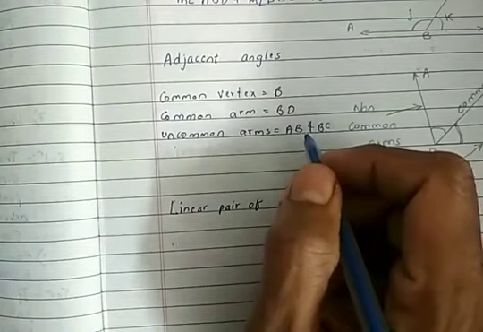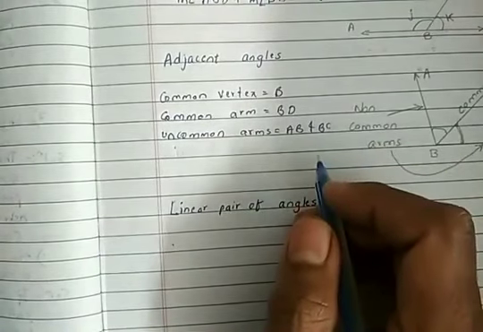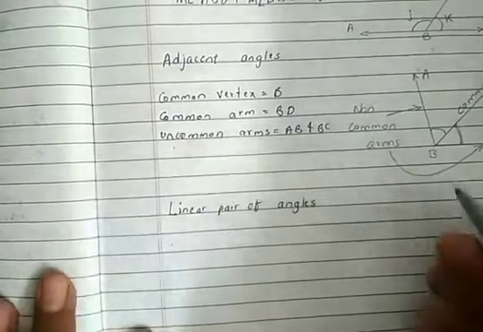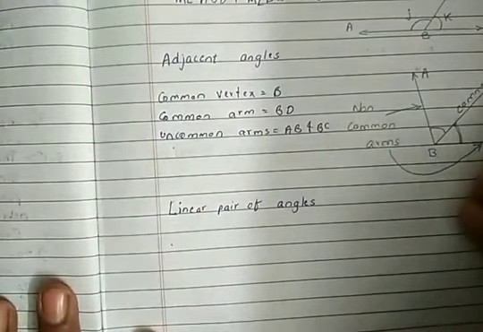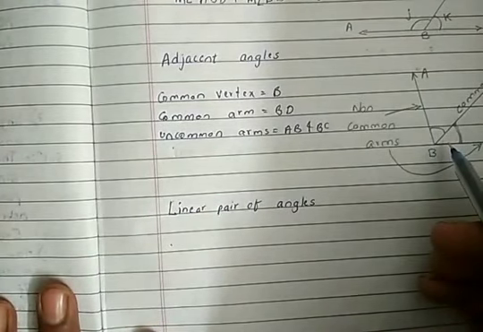Now adjacent angles are those which have a common vertex and a common arm, right?